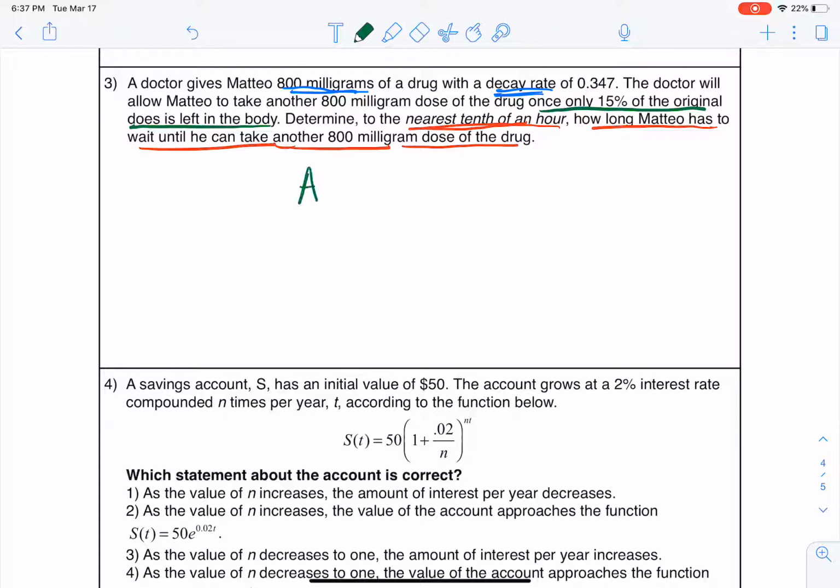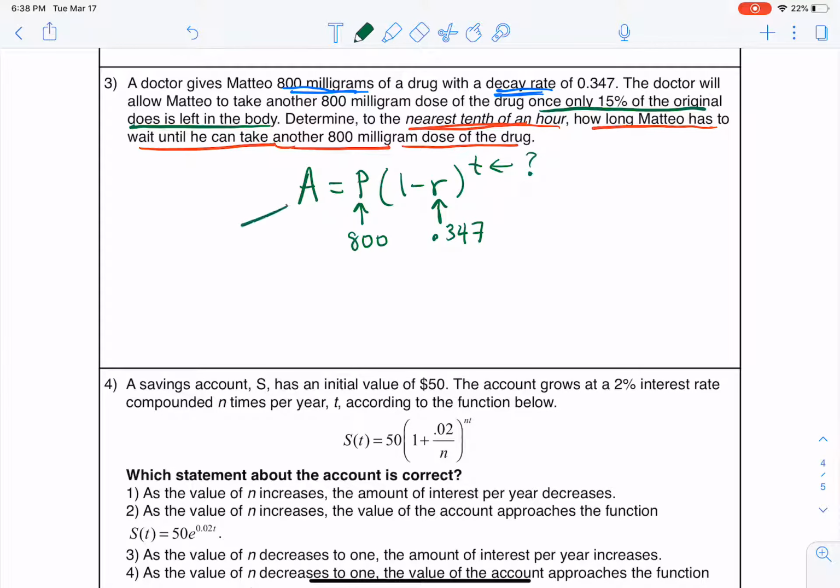So the equation we're going to use is just a standard exponential decay. What we start with here is 800. Our rate is that 0.347 that's given to us. The time is something we're going to have to solve for.